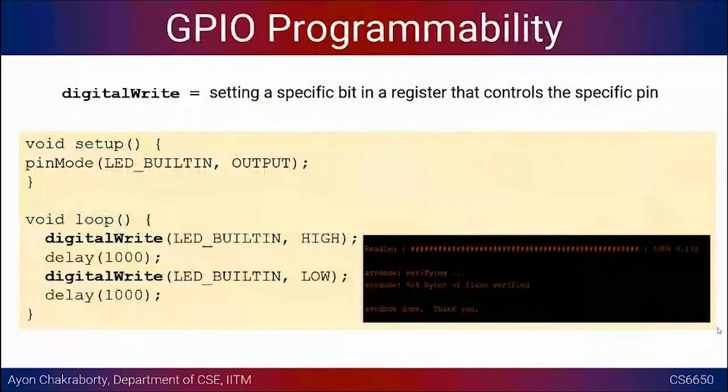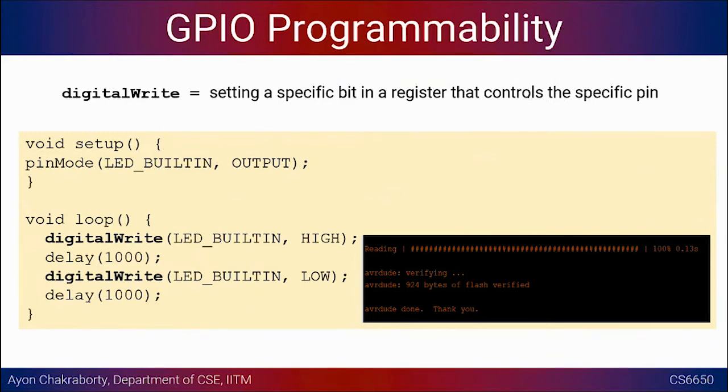So now we have already written this program and run this program for writing a high or a low value to a given input output pin, and we have seen it work, right? If you happen to have this, please try to run it and see that it is actually working, right? So what is this digitalWrite API being used for? Setting a specific bit in a register that controls a specific pin, right?